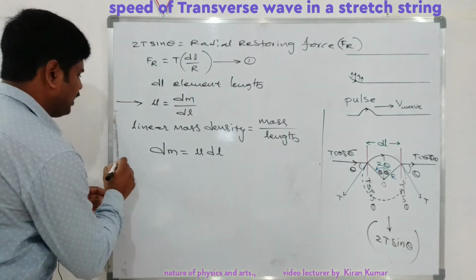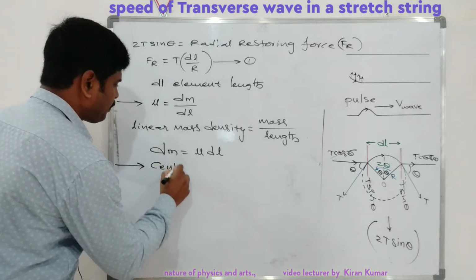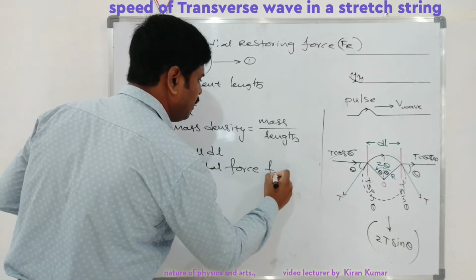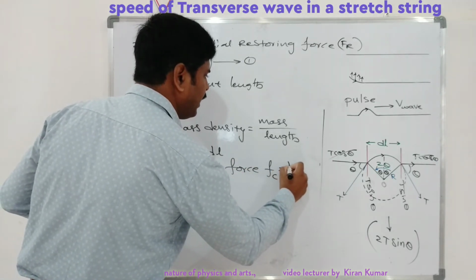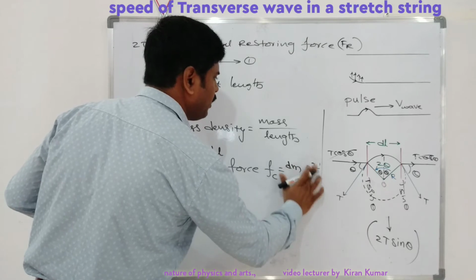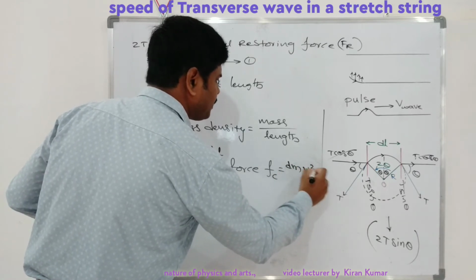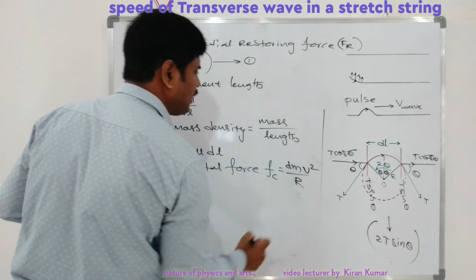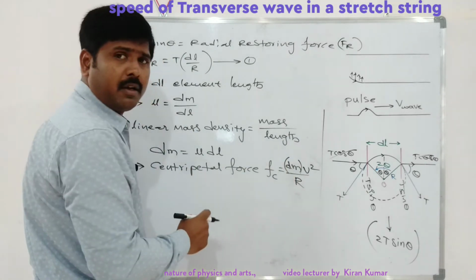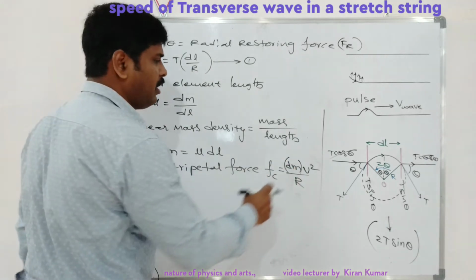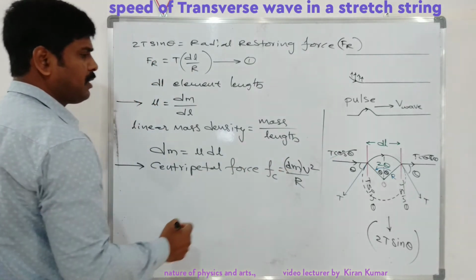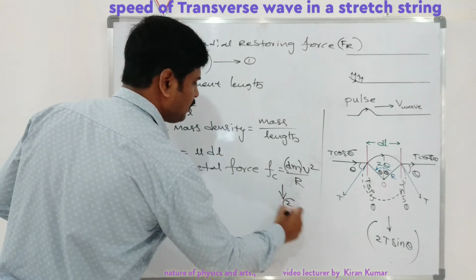See now, that centripetal force Fc is equal to dm v square divided by r. The centripetal force simple formula is m v square by r, but the element mass is dm here. Okay, v is the velocity of the wave and r is the radius. This is taken as equation number 2.